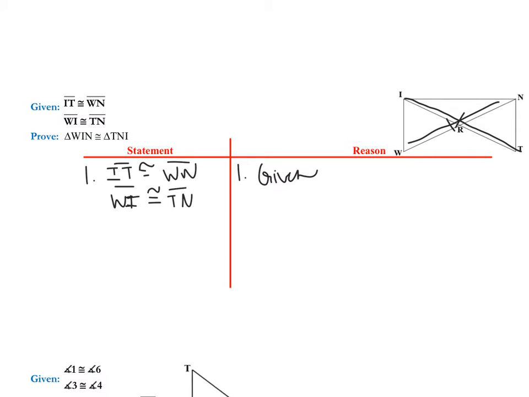And then WI is congruent to TN, sorry. Is there anything else we can prove? Yes, both of these triangles share IN. So segment IN is congruent to NI by the reflexive property.